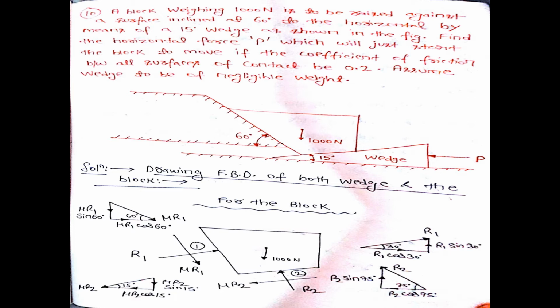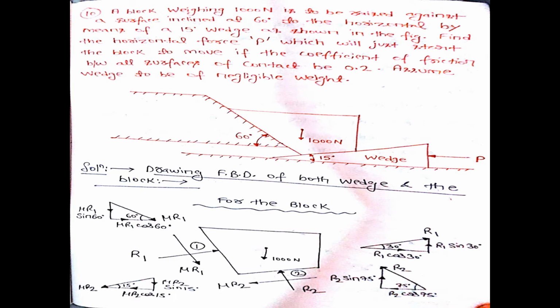Find the horizontal force P which will just start the block to move if the coefficient of friction between all surfaces of contact to be 0.2. Assume wedge to be of negligible weight.